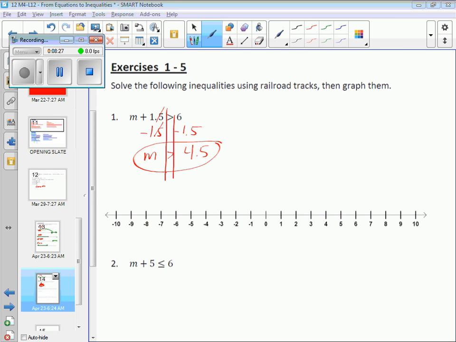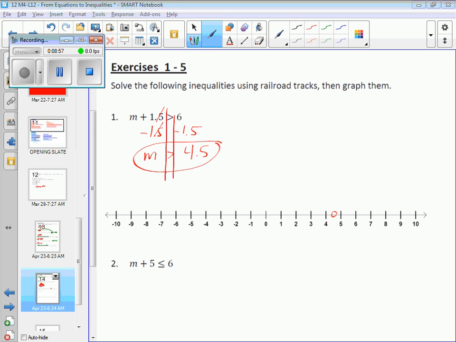Okay, I got to find 4.5 on this number line. Halfway between 4 and 5, right? Open circle or closed circle? It cannot include 4.5. So I make an open circle right about there.